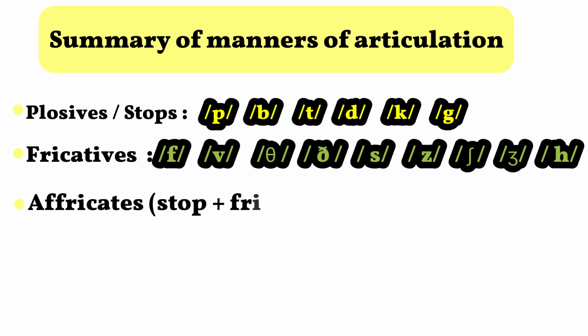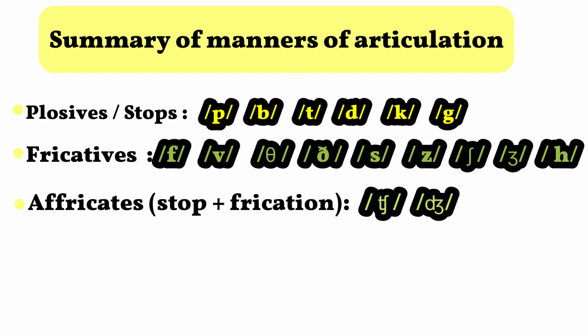Okay. We talked about this earlier. We have two. Ch, look at the stop, and j. And of course we said that ch is voiceless and j is voiced. Then we have nasals, and this is a manner of articulation as well, because the air goes through the nasal cavity.